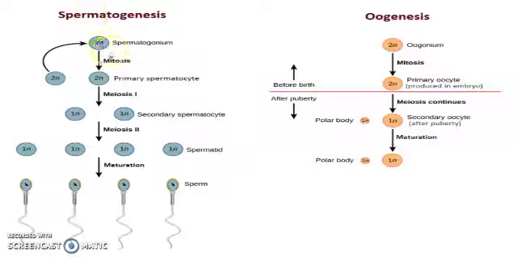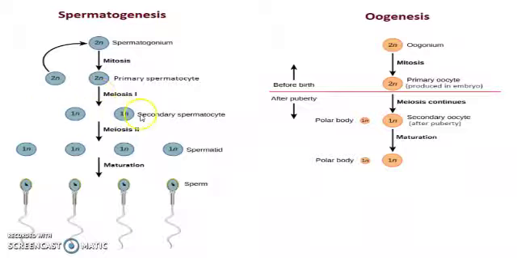This is the process of meiosis. This is the spermatogonia, that is the sperm mother cell. It undergoes mitosis to produce a large amount of spermatocytes. This step is called proliferation, meaning the basic function is to produce a large quantity of primary spermatocytes so they can undergo meiosis.